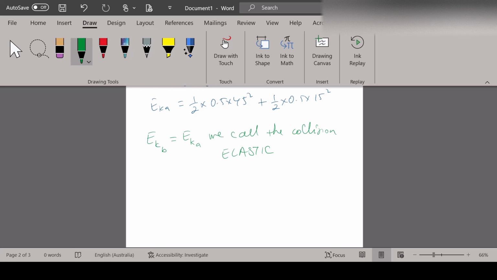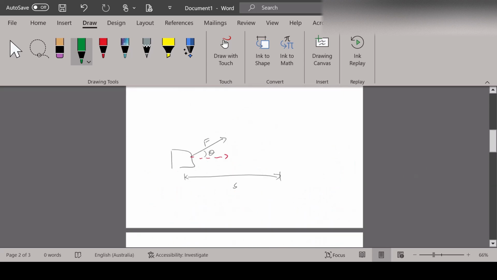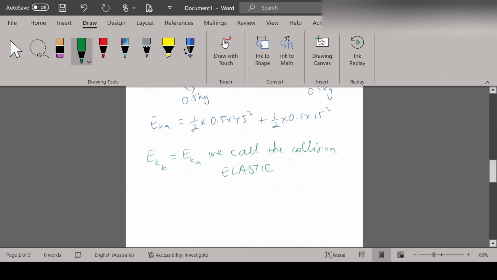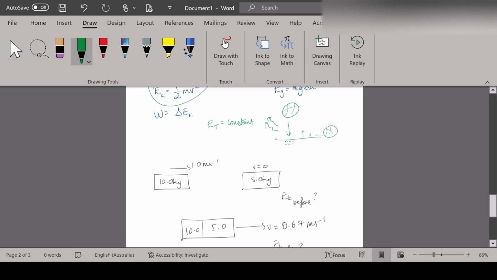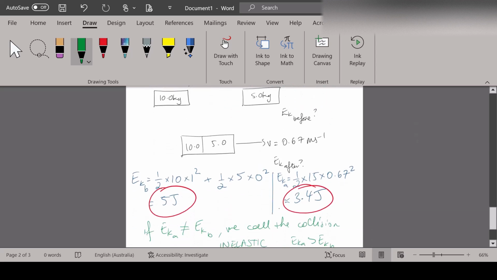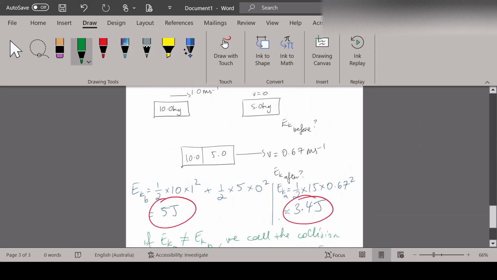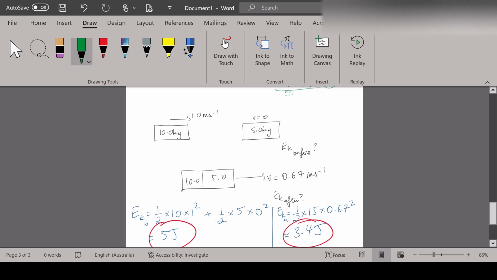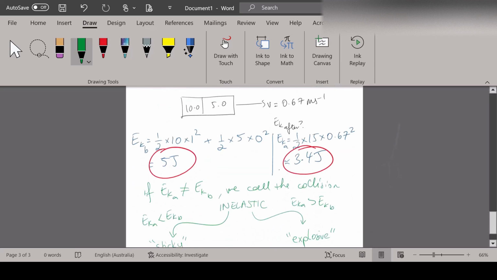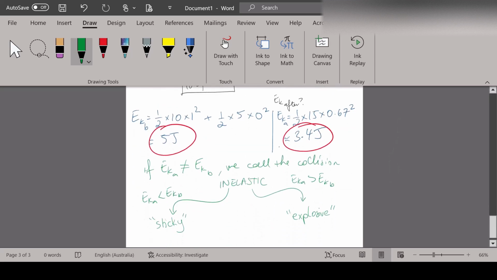But there you go. Today we've talked about collisions. We talked about work and energy. And then we've introduced the concept of kinetic energy into the fray. In doing so, we've defined something called an inelastic collision and an elastic collision. And we've talked about where that kinetic energy can go or where it has come from. In the case of a sticky collision, energy is lost to deformation of material, sound, sometimes light.